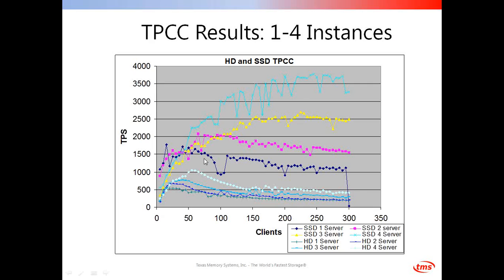So when we look at the performance, we can see that 1 node running on a RAMSAN outperforms 4 nodes running against disk arrays. And of course, we get much greater performance at the 4-node level than what we see at the 4-node level with disks.